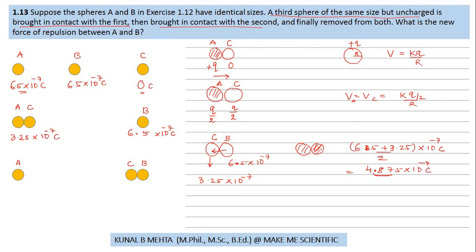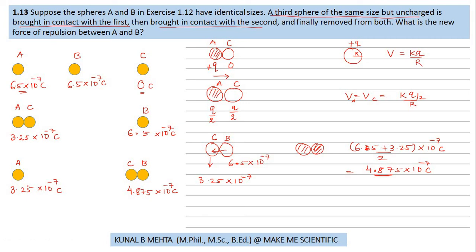Now this will be the charge on B and C. So let me put it over here: 4.875 into 10 raised to minus 7 coulomb. Now this has charge 3.25 into 10 raised to minus 7 coulomb.